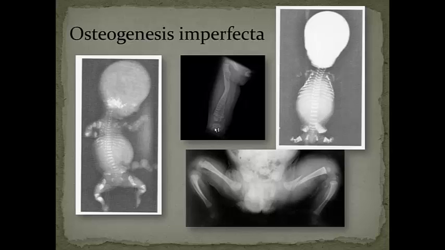Those zebra stripes indicate weakness of structure. And then the bottom, the pelvic X-ray, that's a baby, and you can see that broken femur. And these kids are born broken. They wind up with fractures one after the other. It's rough.